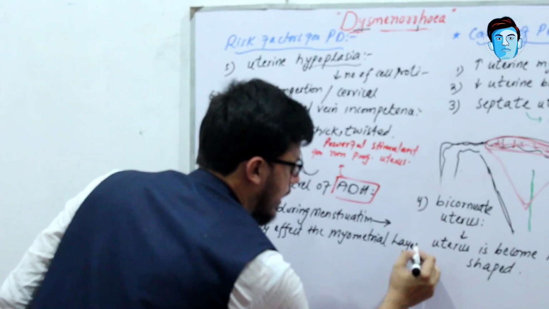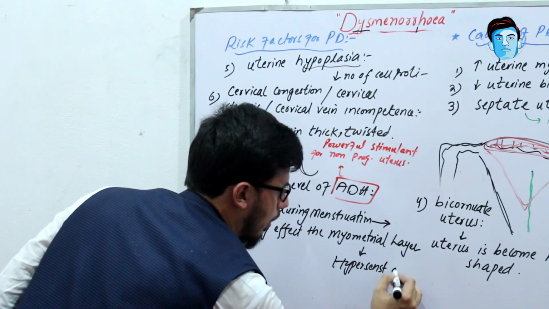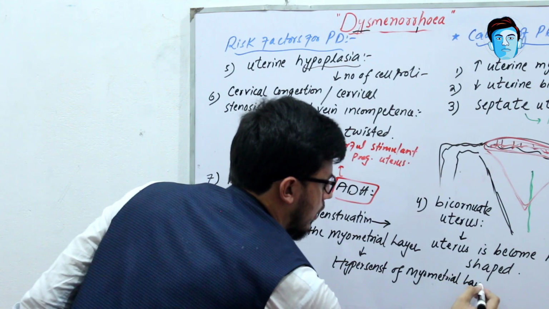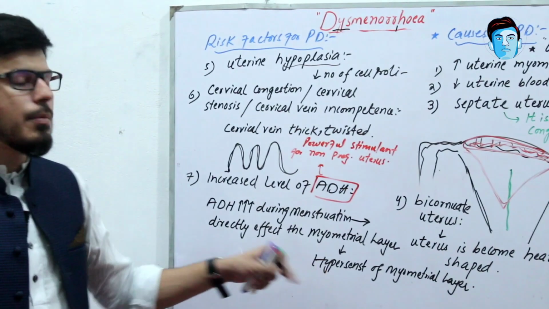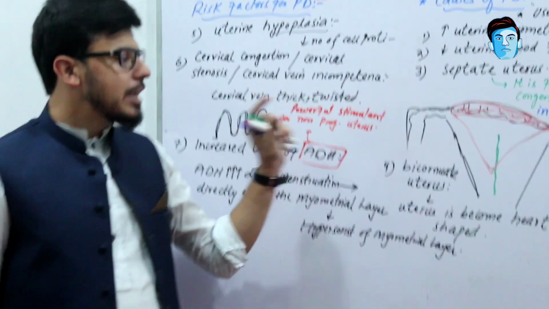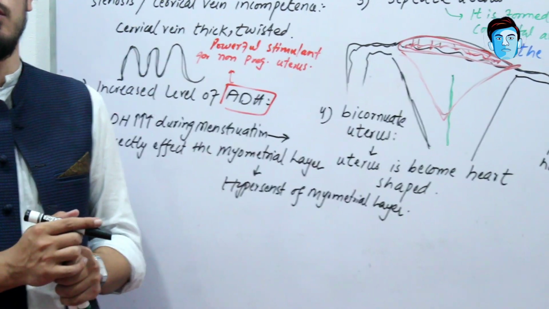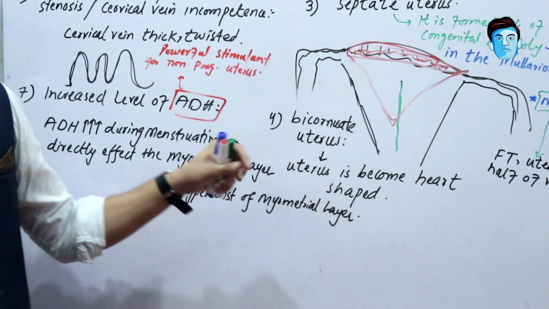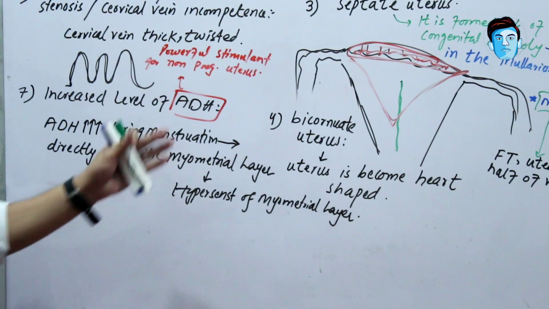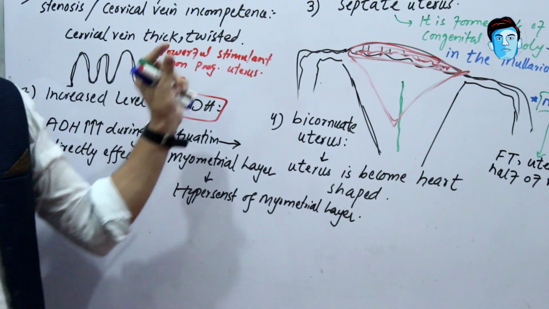As a result, hypersensitization of the myometrium occurs. Whenever hypersensitization occurs in the myometrium layer, the pressure on the blood vessels increases from the normal value, so vasoconstriction occurs, and as a result the uterine blood flow is decreased from the normal value. So it often leads to pain during menstruation as well. So it is also considered the most important cause of primary dysmenorrhea.